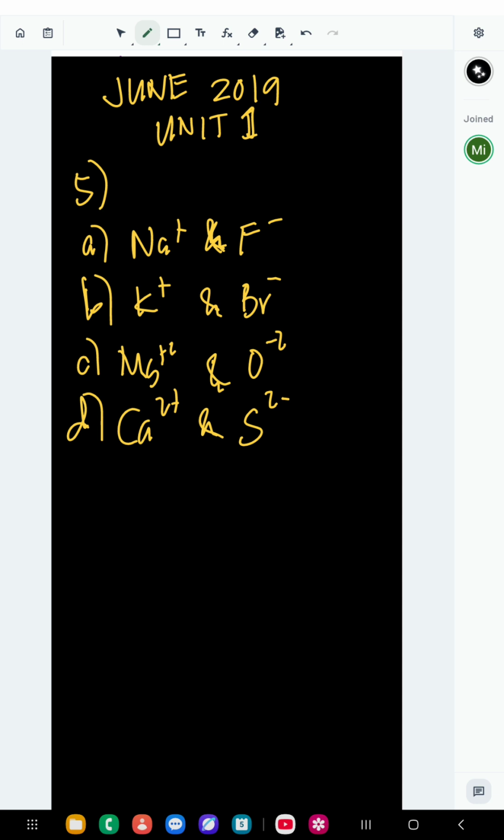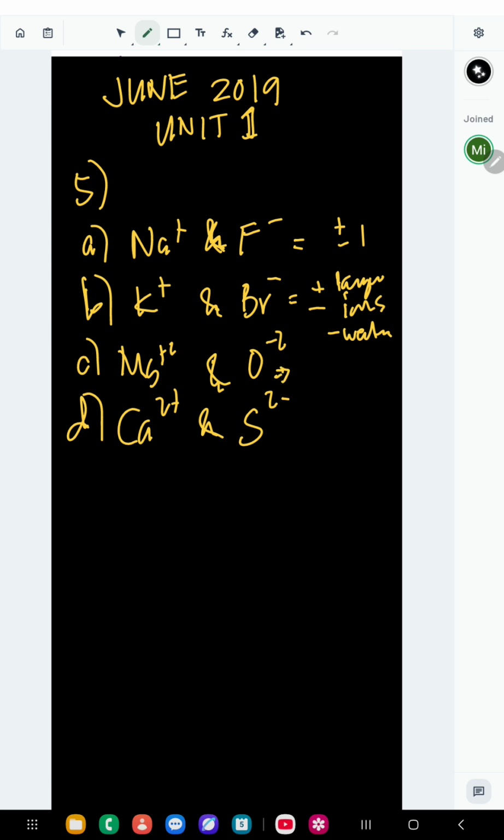So let's take a look at the first choice. We have sodium here and fluorine. The charges here are plus minus 1. Potassium and bromine are still plus minus 1, but they have larger ions. Larger ions mean weaker bonds.